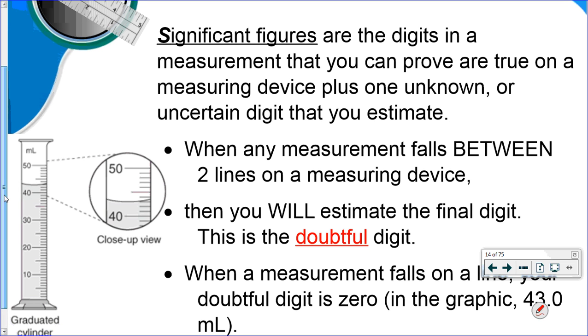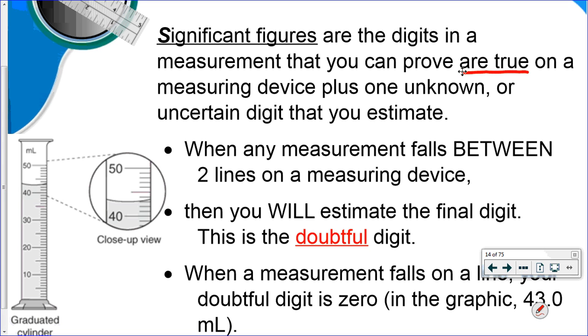Sometimes you'll be working with equipment that's very accurate, that can tell you your weight like 141.32 pounds, and sometimes with equipment that just tells you 141 pounds. We're going to learn what figures are actually significant and which are not. Significant figures, or sigfigs, are the digits in a measurement that you can prove are true.